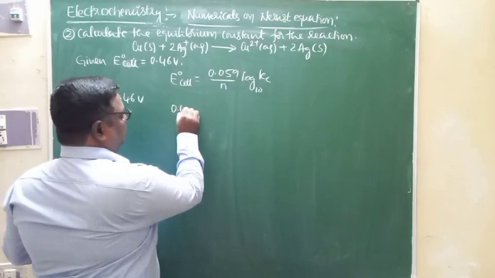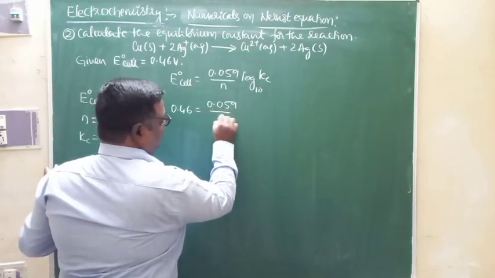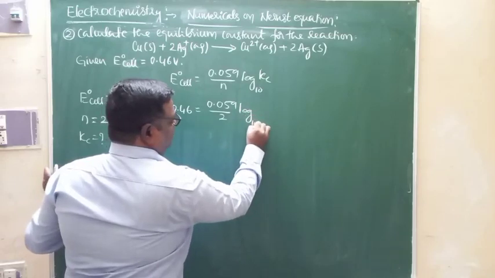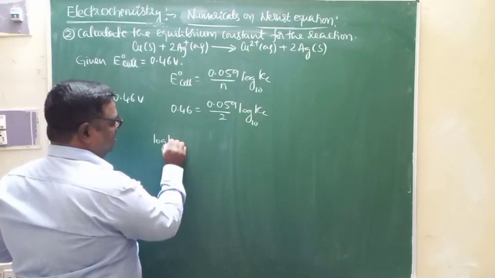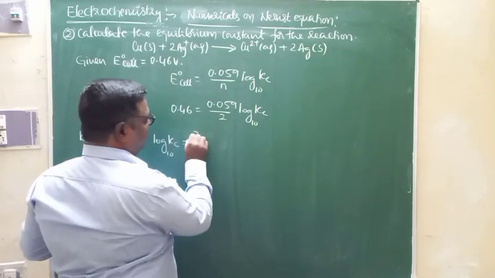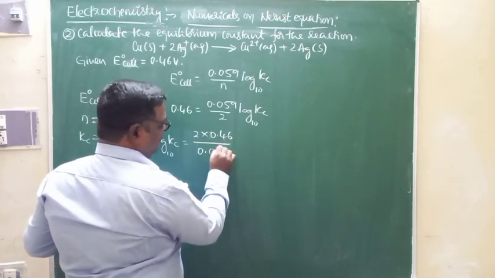That is 0.46 is equal to 0.059 divided by 2. Therefore log to the base 10 of Kc equals, cross multiply, 2 into 0.46 divided by 0.0591.